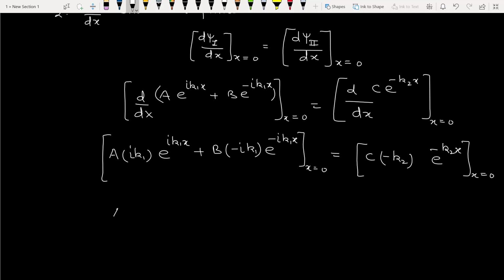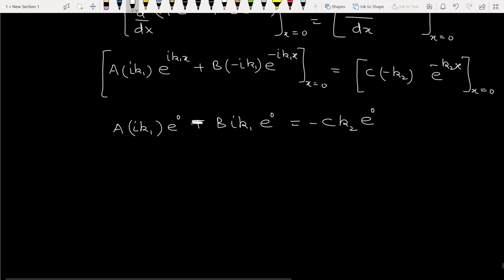So we substitute the limit. So it is e raised to power 0. This will be a iota k1 e raised to power 0, minus b iota k1 e raised to power 0, equals c minus k2 e raised to power 0. So when we solve this, it will be a minus b equals minus c k2 over iota k1.